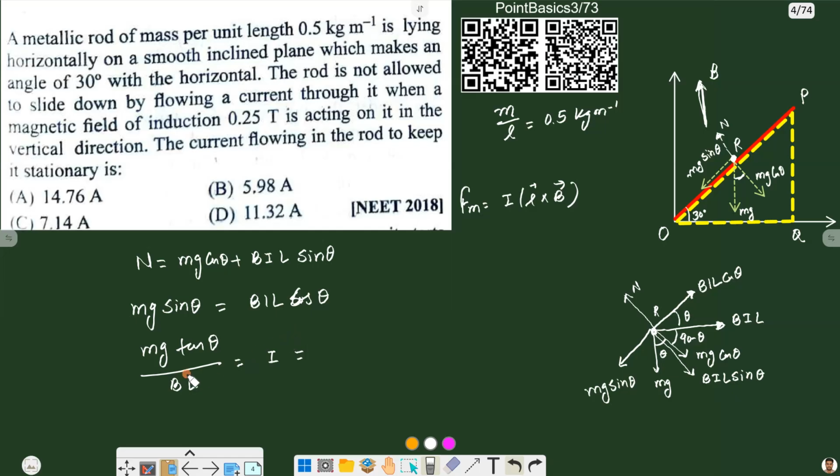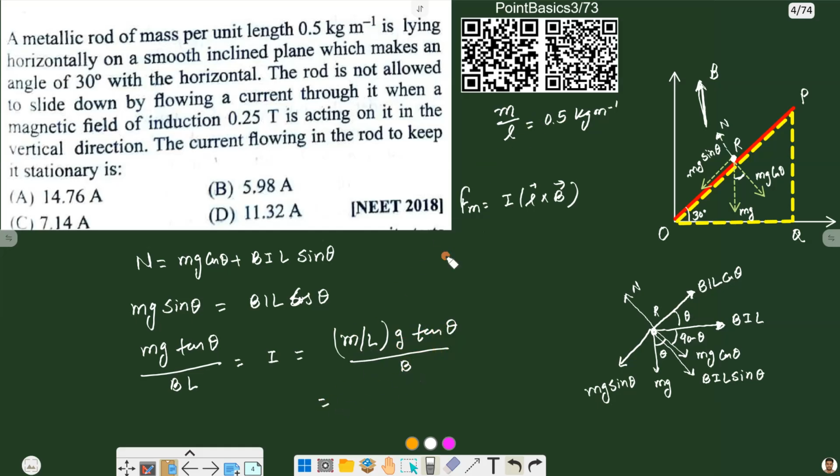Now, as we don't have the length of the rod here, we can write it like m by L, that is mass per unit length, into g into tan theta divided by magnetic field.